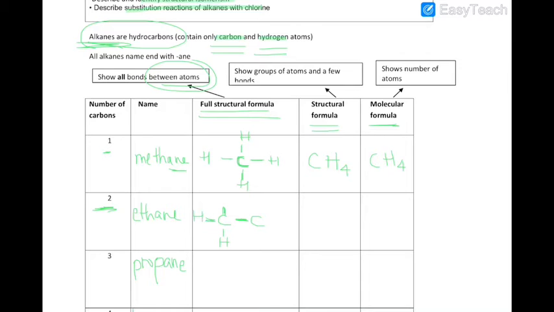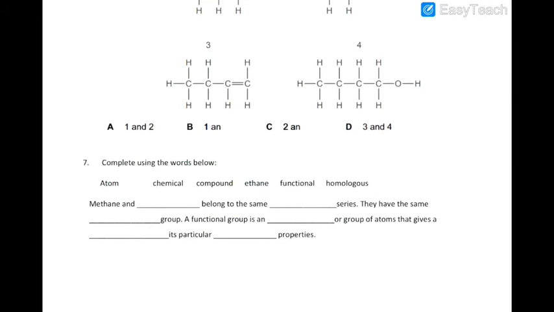So H, H, H. We'll fill this one as well: H, H, H. So this is ethane. Each carbon is forming 4 bonds: 1, 2, 3, 4. And the other carbon as well is forming 4 bonds: 1, 2, 3, 4. So you see the numbers are respected there.